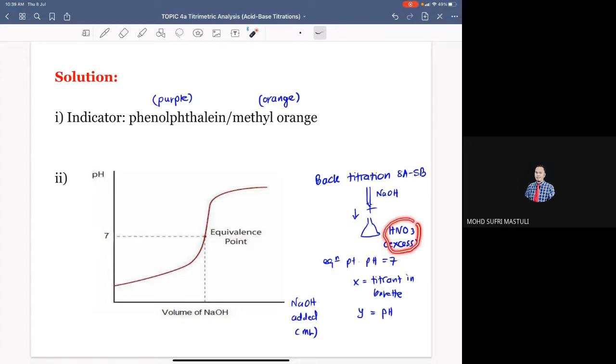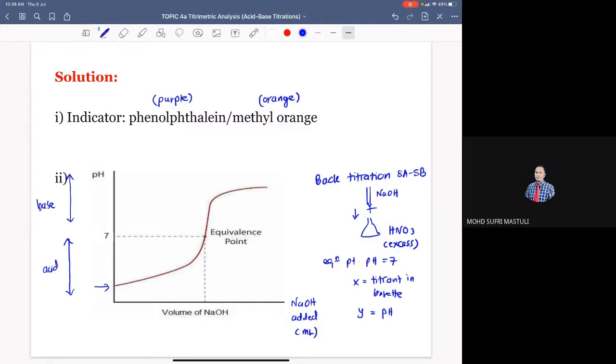This is why we start with lower pH, because this is the pH of acid, and this is the pH of base.